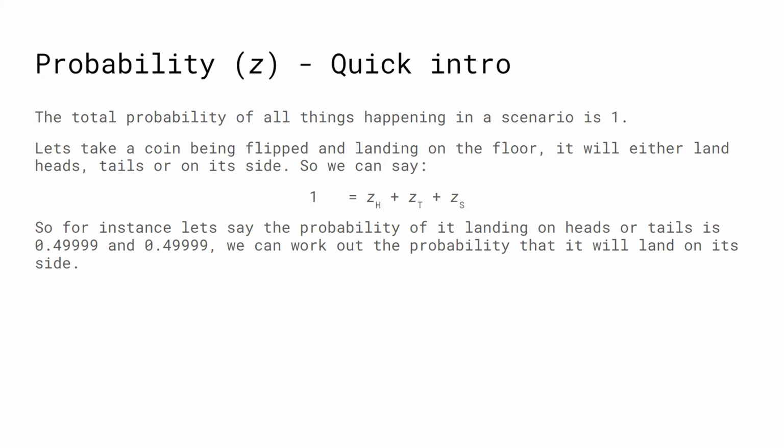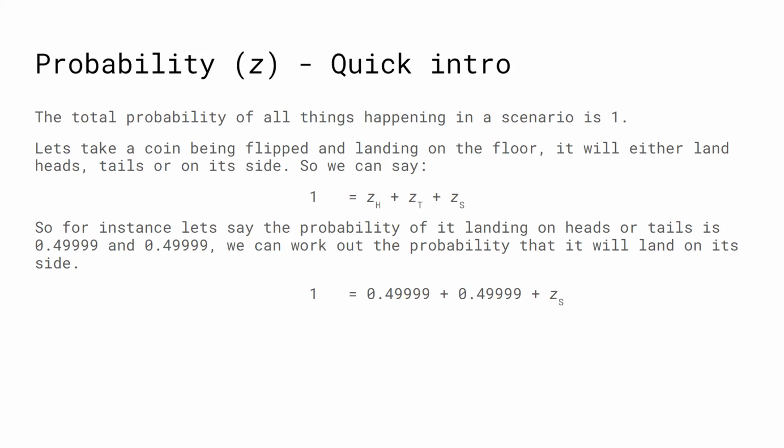So for instance, let's just say the probability of landing on heads or tails is 0.49999 and 0.49999 respectively. We can work out the probability that the coin will land on its side. 1 is there.